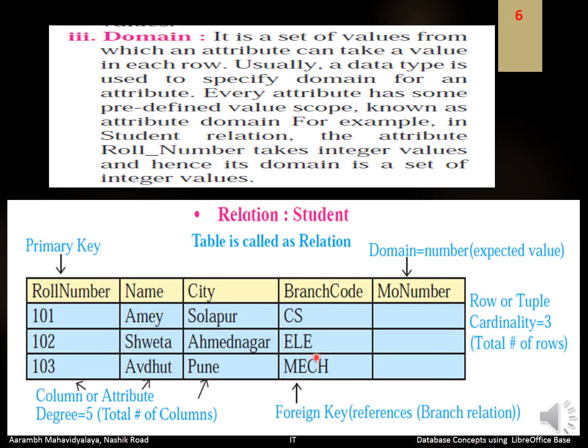Here again branch code is a character, therefore its domain is again a set of character values. Though its number is 3, it is of character type. Here roll number is 3, but it is of integer type. Therefore its domain number is 3 but of integer type, and this domain is again 3 but of character type.